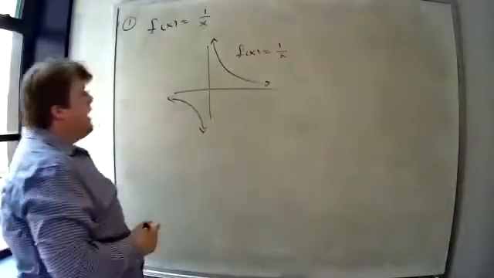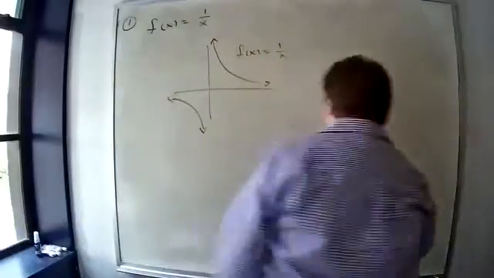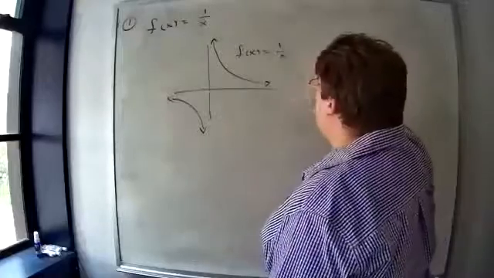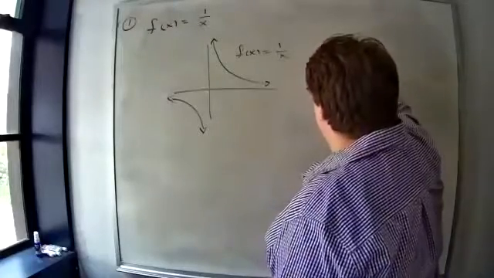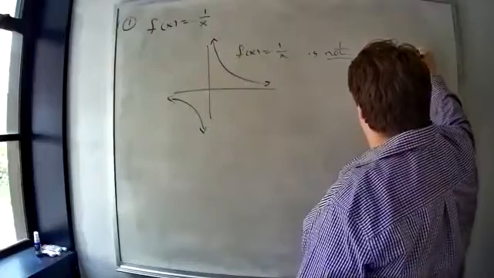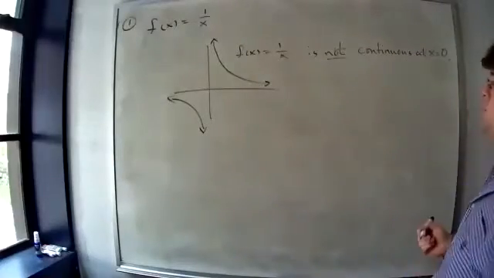Here's 1 over x, and this function is not continuous at 0. Also not differentiable, but we only need 1. So it is not continuous at x equals 0.